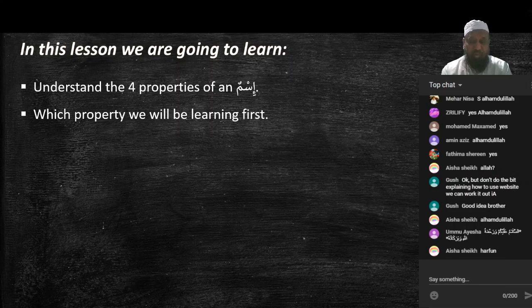Slowly, we build up on whatever we have learned. Now, in today's lesson, we're going to start with ism. From now on, we will learn everything about ism. Today, we will learn ism has 4 properties. And at the end, we will see which one we will learn first.